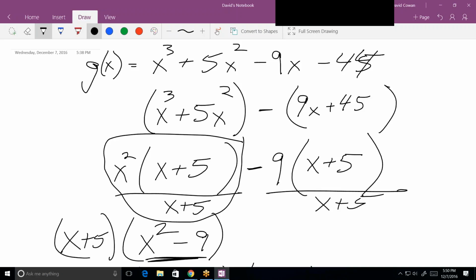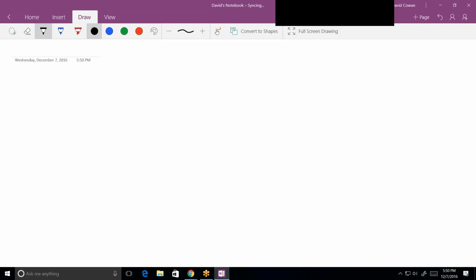You'll learn that when you take precalc next year, I suppose. You'll get into how to factor cubics. But the first type of cubic that they have you work with is always going to be solvable by grouping. Let me give you one and see if you can tell me whether you can solve it by grouping or not.